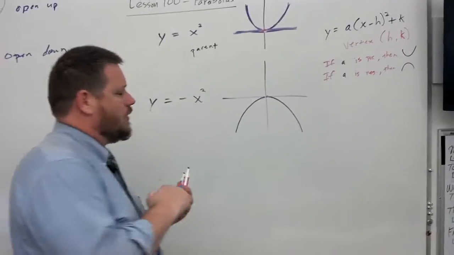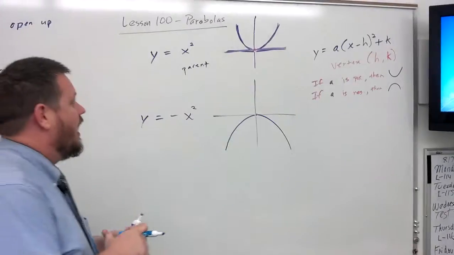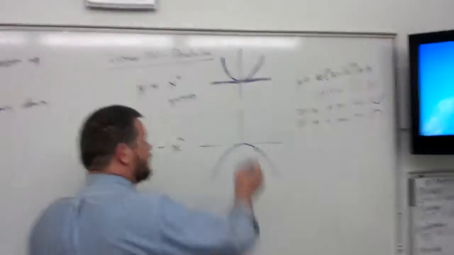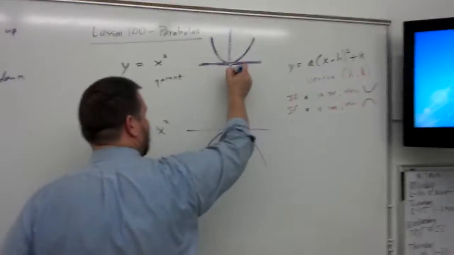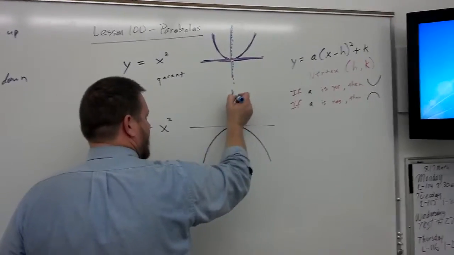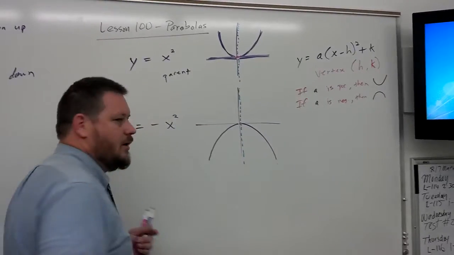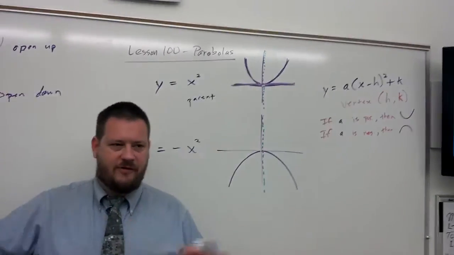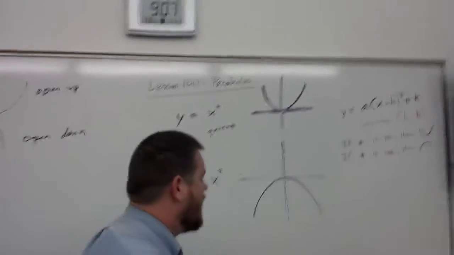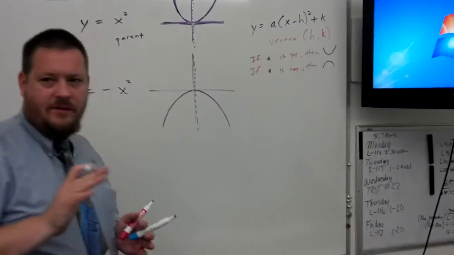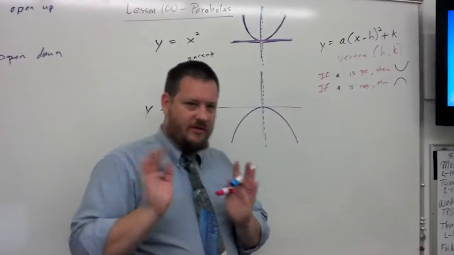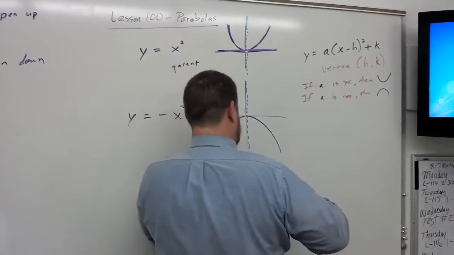One more characteristic of a parabola: it is symmetric. Pretend that's right on top of there. I just don't want to mix my colors. A parabola is symmetric. One half looks exactly like the other half. And whatever line is the place where it mirrors one side to the other, that's called the axis of symmetry.